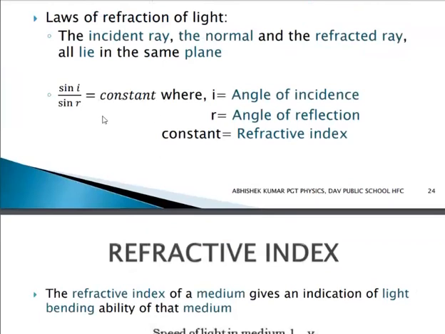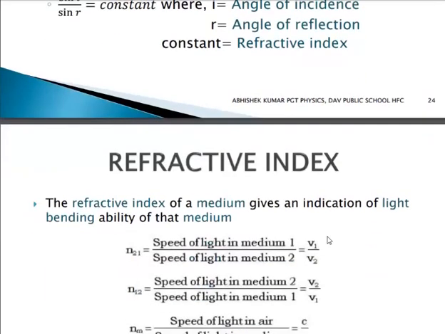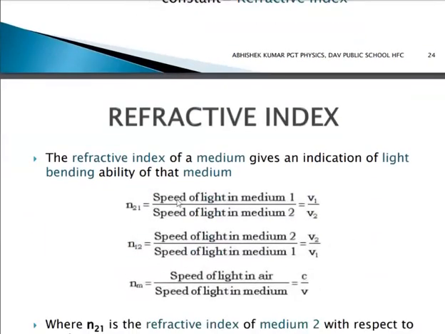For a given pair of media, this constant will remain constant as long as the pair of media is the same. So one method to express refractive index is to find the ratio of the speed of light in the incident medium to the speed of light in the refractive medium. The incident medium is the one in which the incident ray lies, and the refractive medium is the one in which the refracted ray lies.